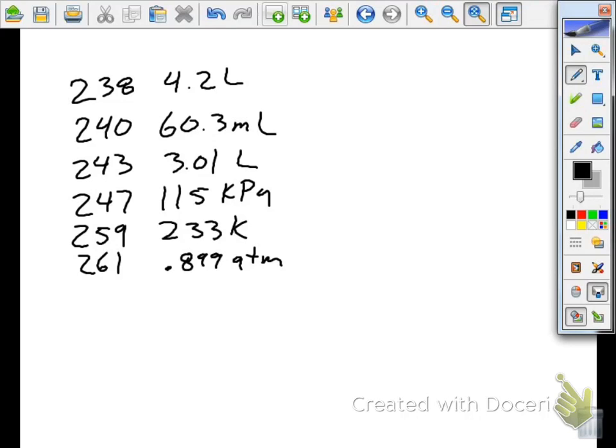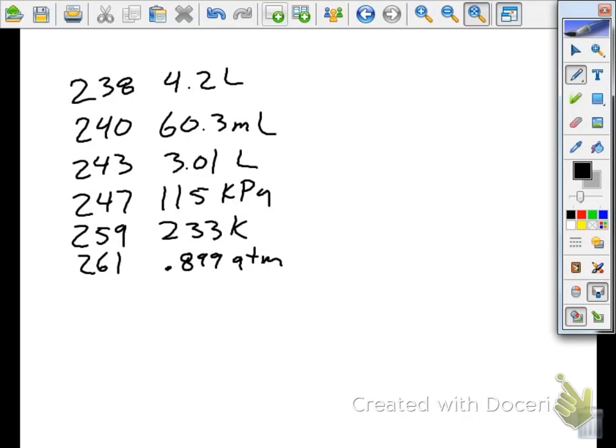Some of you get confused when you're given numbers you don't use because the 2-liter bottle doesn't change in its volume. 2 liters is the same when it's outside the freezer as when you put it in the freezer. Still 2 liters. Okay? So volume is not what we're going to look at.